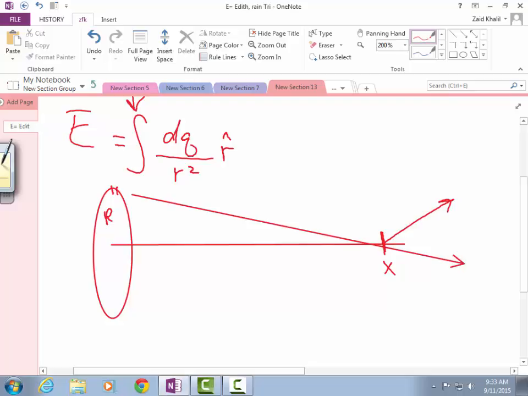Right? So then if you integrate over this whole ring, this side is going to point that way, and this side is going to point that way. So when you sum up over each of these charges, where is the net electric field going to point? Straight out. So that is the component that survives.